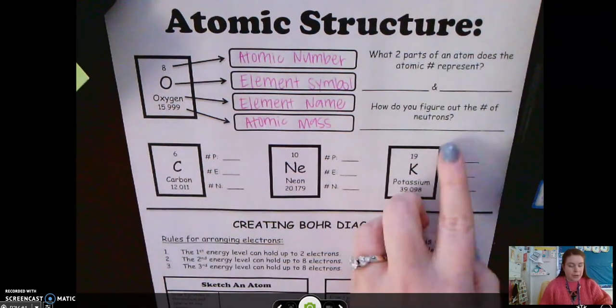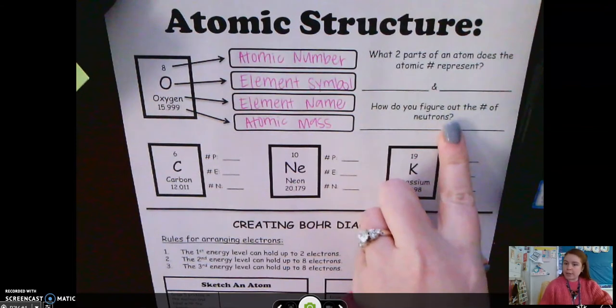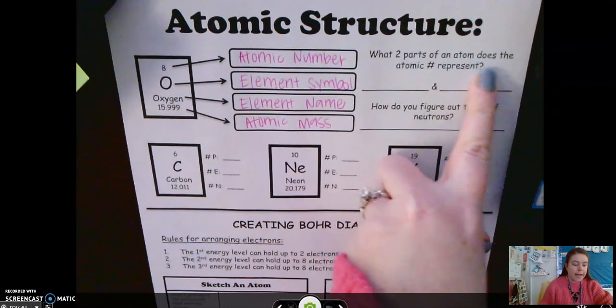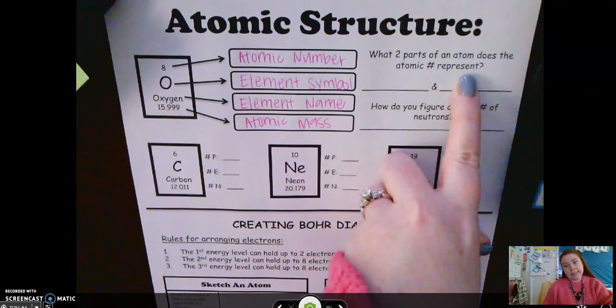So I want us to jump over to these two comprehension questions here. The first one says, what two parts of an atom does the atomic number represent?